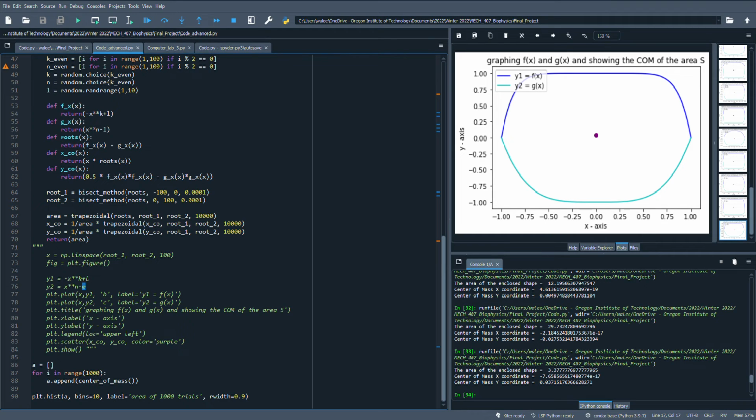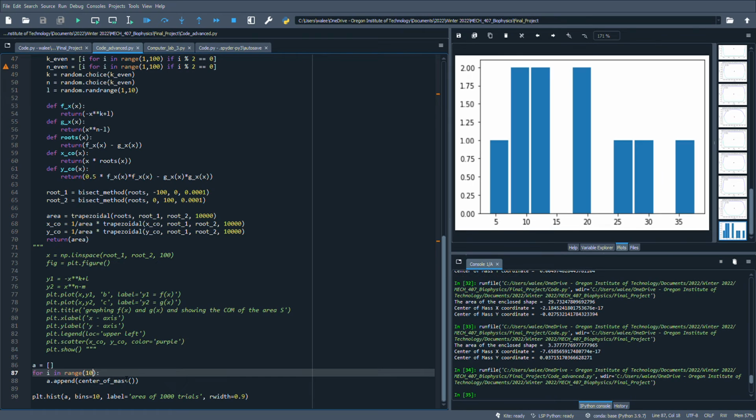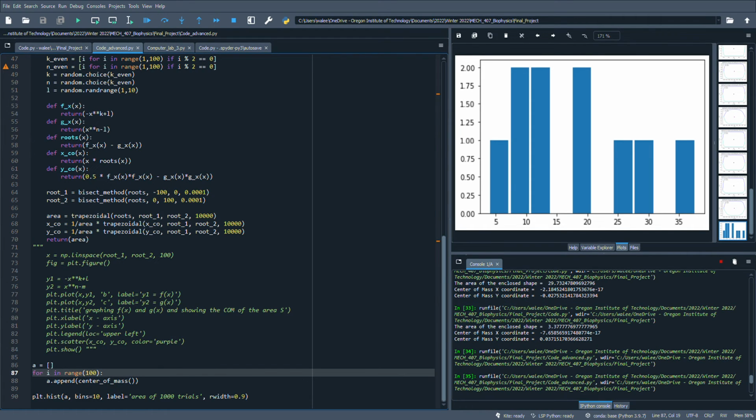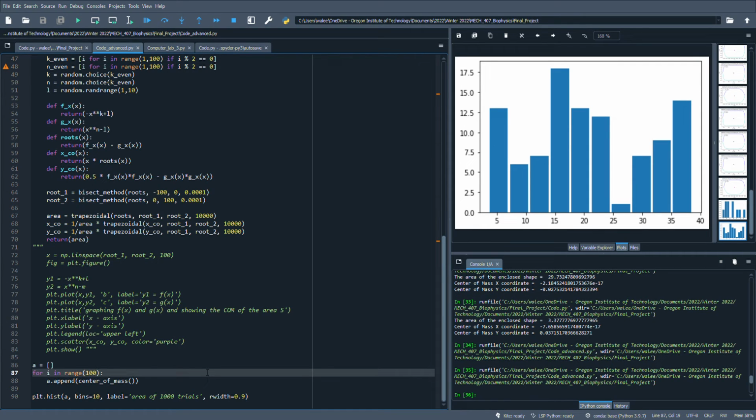I wanted to know how the area would behave as you run it more than once. Let's try it 10 times. It's completely random. Now 100 times. Seems to take a long time. It kind of has ups and downs.